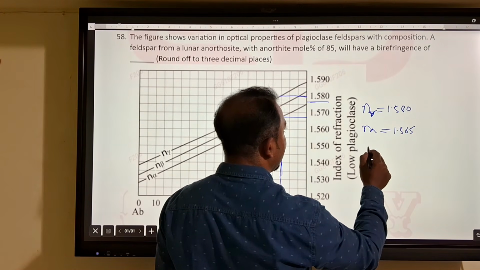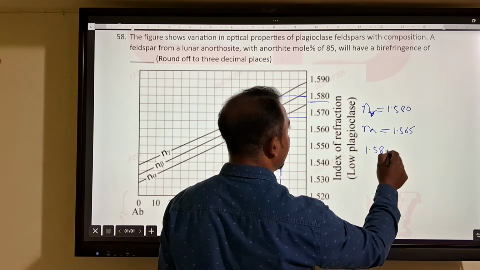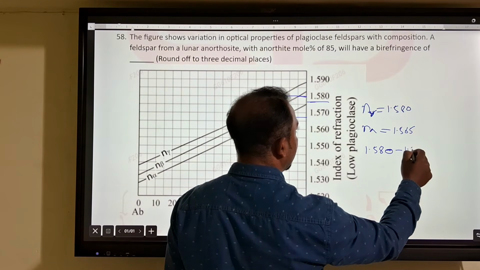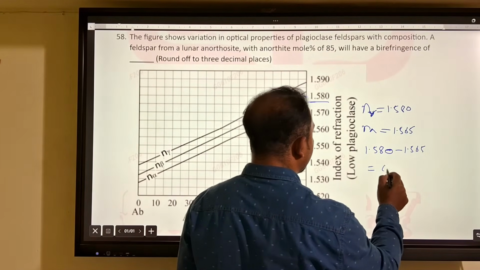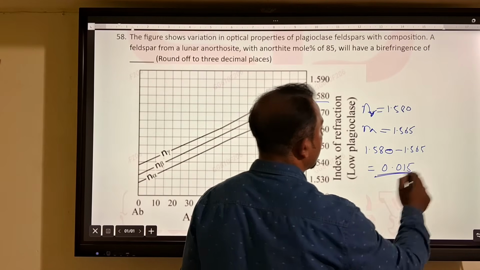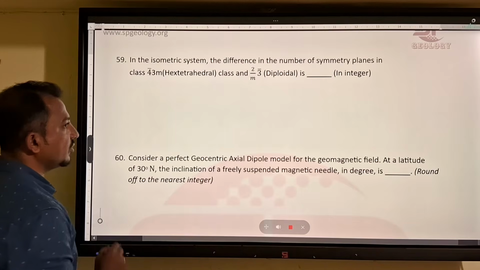So birefringence will be 1.580 minus 1.565, which is 0.015.